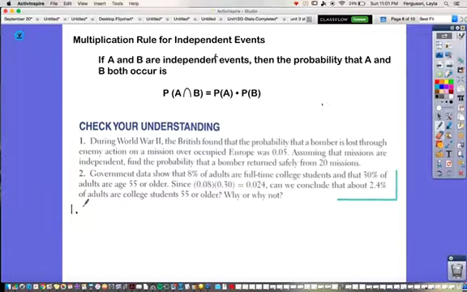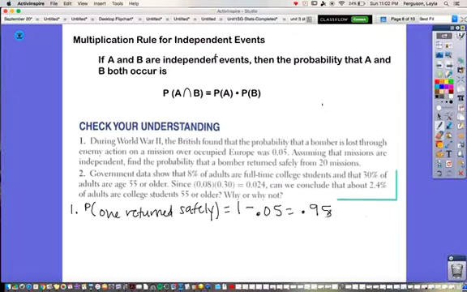So for number 1, the probability that one returned safely would basically be 1 minus 0.05. That's because in our problem it said that the probability that a bomber is lost through enemy action was 0.05. And so if we say 1 minus 0.05, we would get 0.95 that it returned safely.